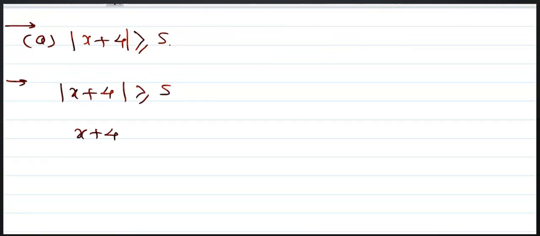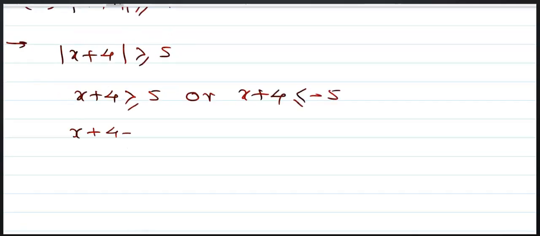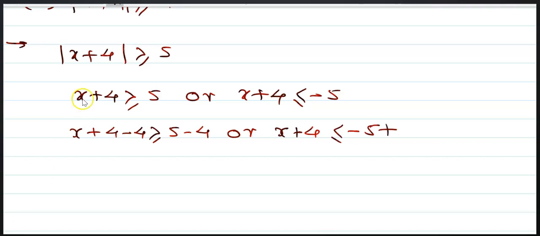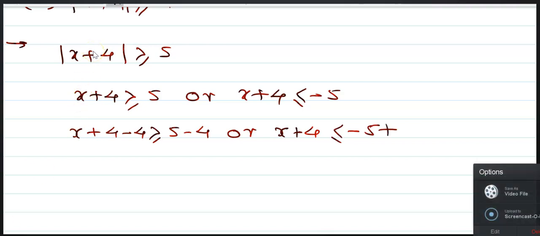Now to solve this, if we eliminate the modulus, we get a plus or minus sign. That is, mod of x plus 4 greater than or equal to 5 gives x plus 4 greater than or equal to 5, or x plus 4 less than or equal to minus 5. We want to find the value of x, therefore subtract 4 on both sides.